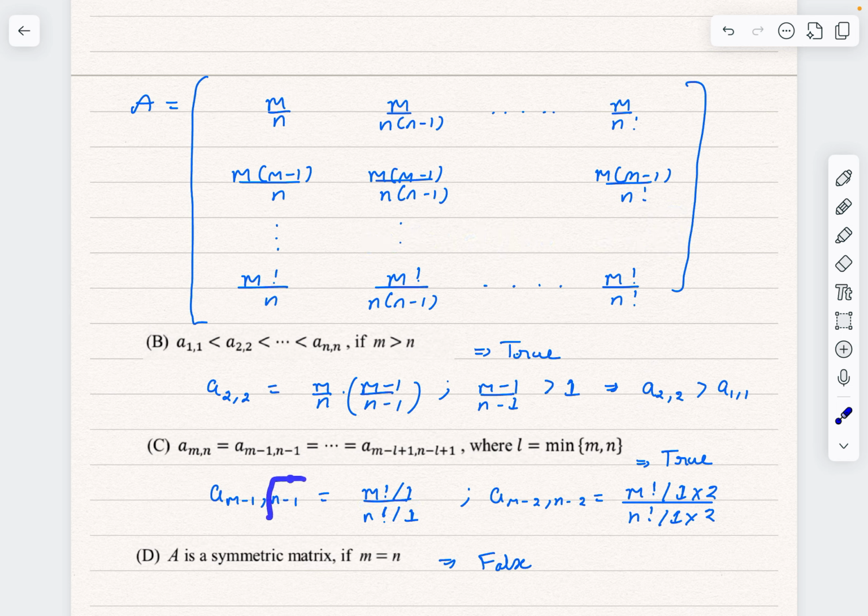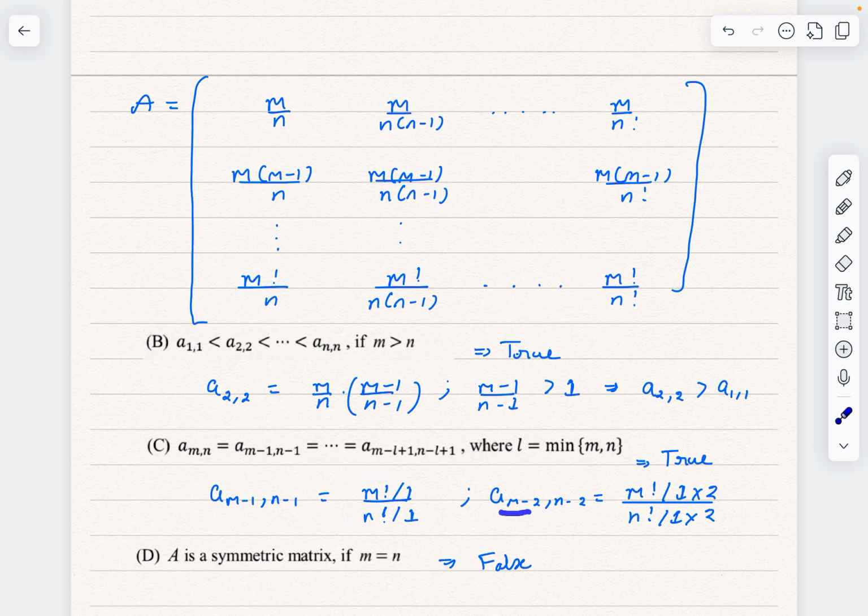Here also the last differentiation will not be done, so 1 factorial in the numerator will be left, and in the denominator 1 factorial will be left. We are differentiating m minus 1 times and n minus 1 times. So this by 1 gets cancelled out to give m factorial by n factorial.